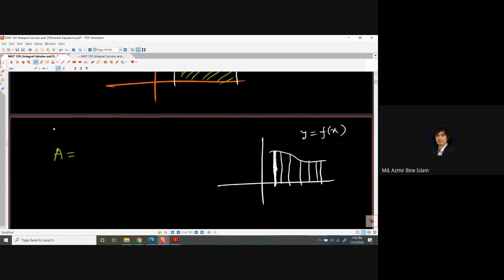So here for the first rectangle, we can think it is y1 and delta x. For the second rectangle, we have this height y2 and delta x.